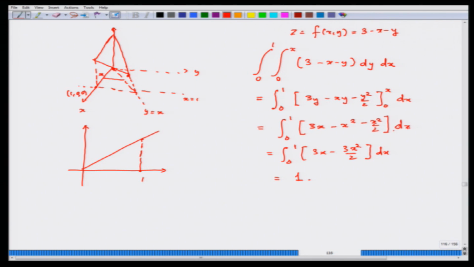The region of integration is obtained in this way: when you are at any point x, y can be anywhere here, y can be between 0 to x. Now, if I am varying the other way, I can do a different sort of variation. The variation can be of this form.